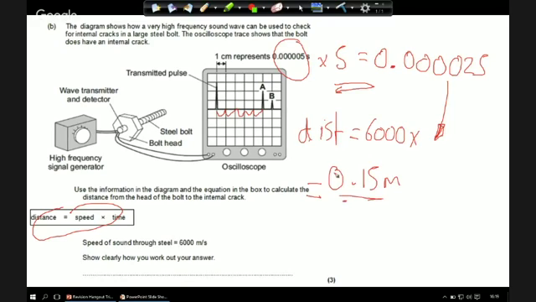But that's to go from the detector up to the crack and back again. So I need to divide that by 2 to find out just the distance to the crack. So the answer is going to be 0.075 meters. Okay, and that'll get you the 3 marks for that.